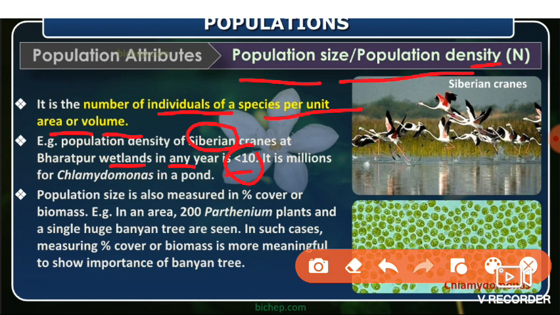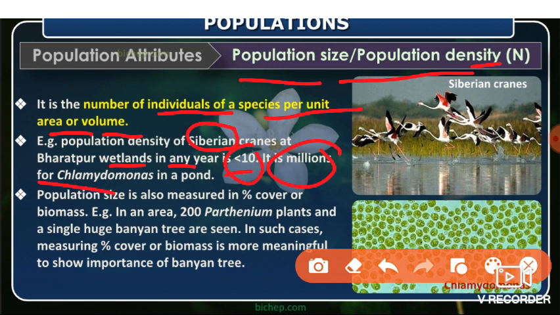It is very less. We can take the density from less than 10 individuals to millions of individuals.